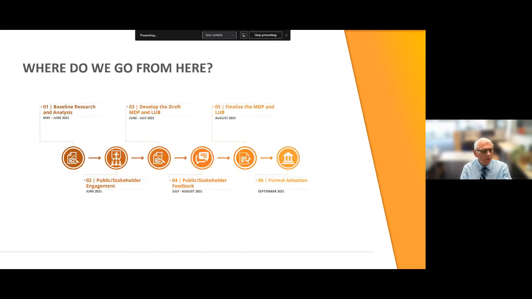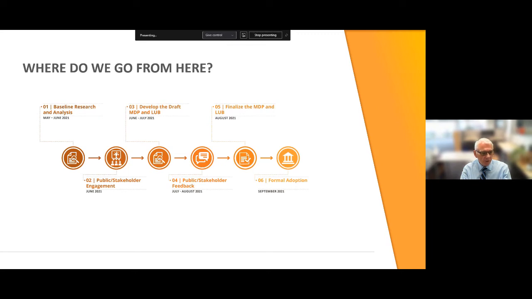So just to review the process and where we go from here, as I mentioned, we're doing the background research and analysis right now. We're holding the public stakeholder engagement sessions this week to kick things off. We'll be then doing the drafts in June and July, developing those drafts based on the input that we receive.